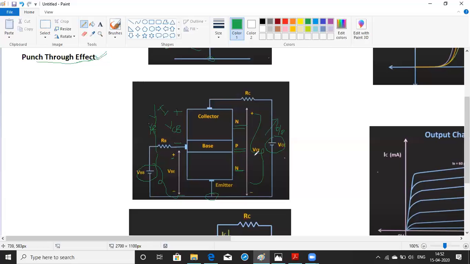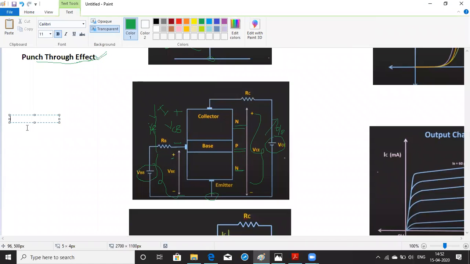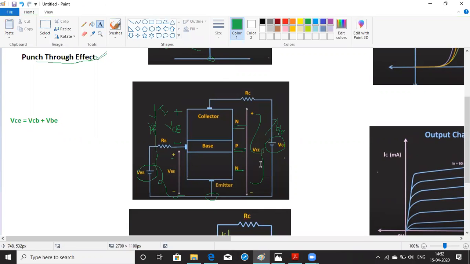If you want to know VCE, I write here: VCE is equal to VCB plus VBE. That summation gives you VCE, the collector emitter voltage.